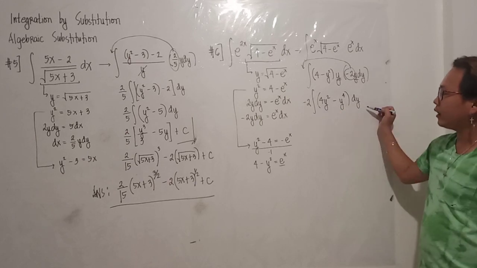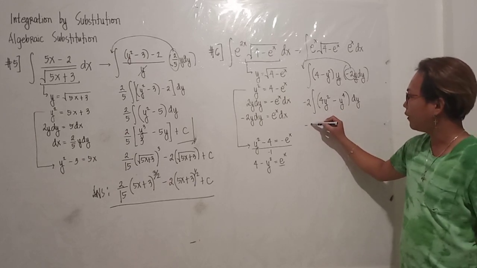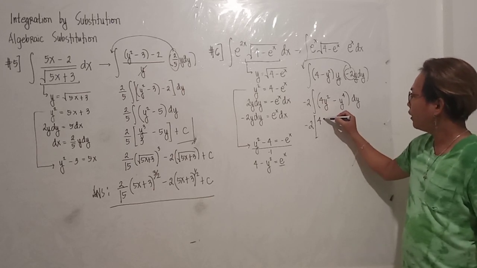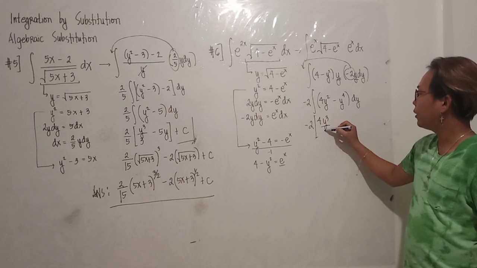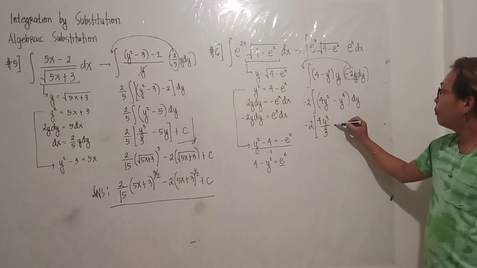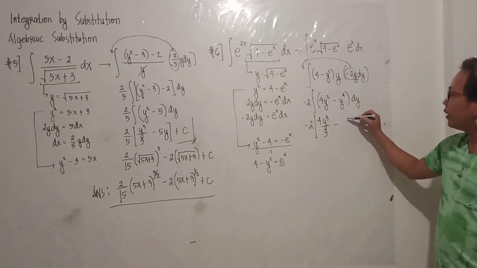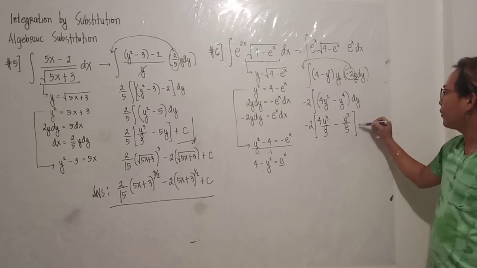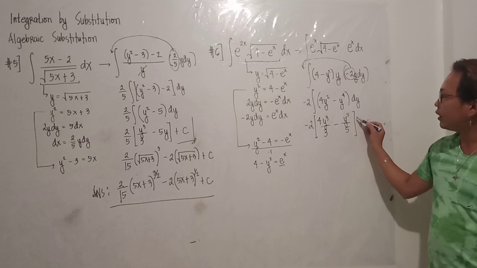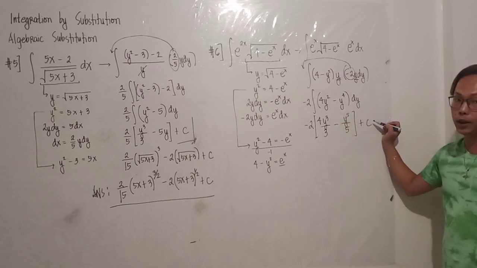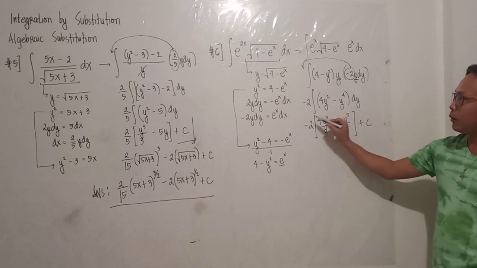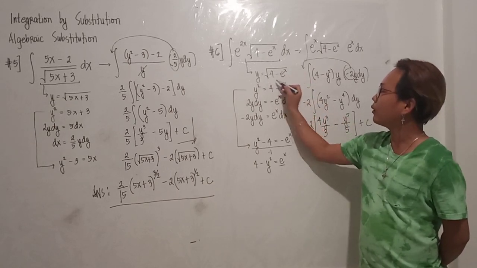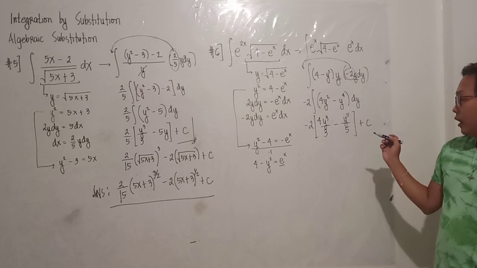Then integrating this equation, you will now have negative 2. Then 4 of y cubed over 3 minus, this is y raised to 5 over 5 plus c. But this is still in the form of function of y. Transforming this equation into a function of x, the equivalent of your y is the square root of 4 minus e raised to x.